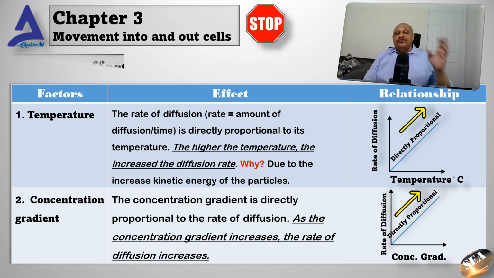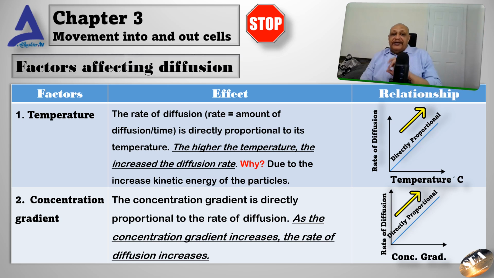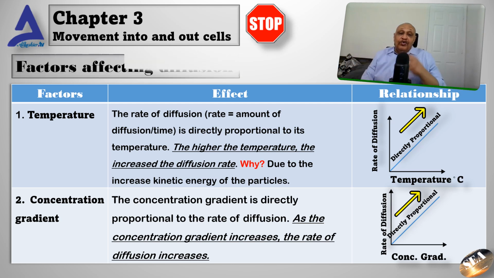Here, the first one is the temperature. Before we study that, what does temperature do? Temperature is either going to be high, so we are going to heat the substance, or we are going to cool the substance.